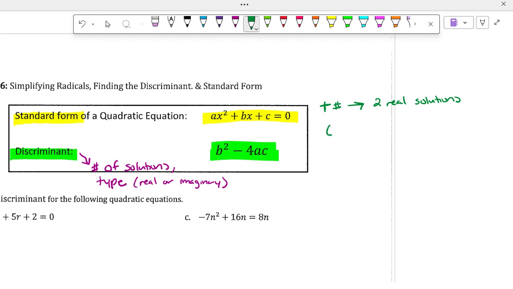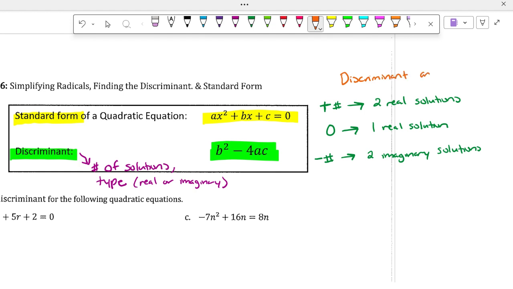If you get 0, that means you have one real solution. And if you get a negative number, you have two imaginary solutions, so they contain an i. So again, that is the discriminant answers.